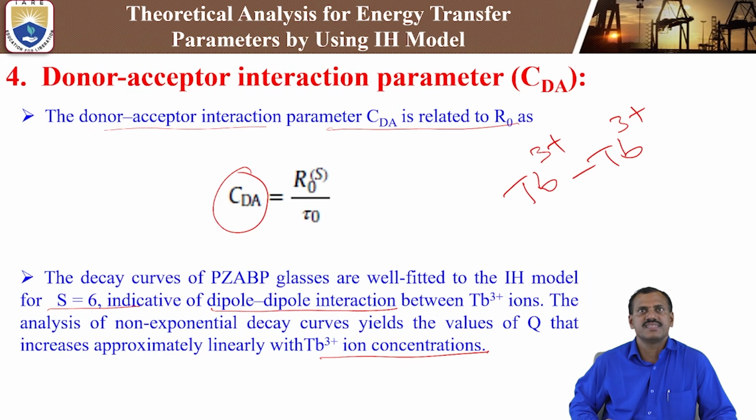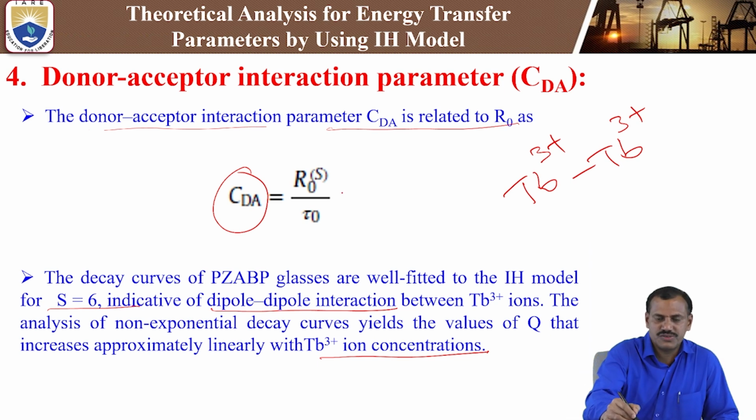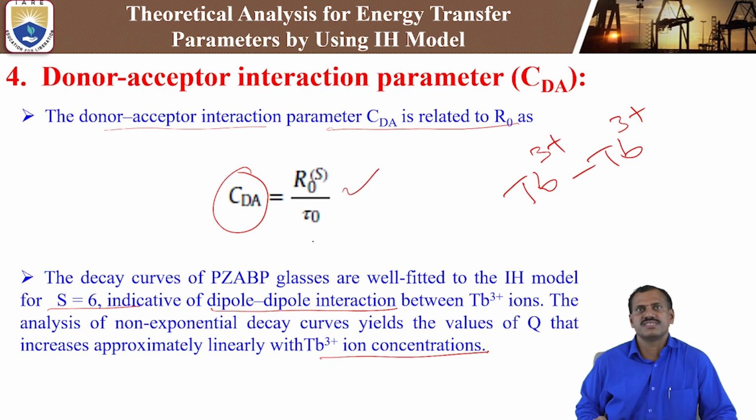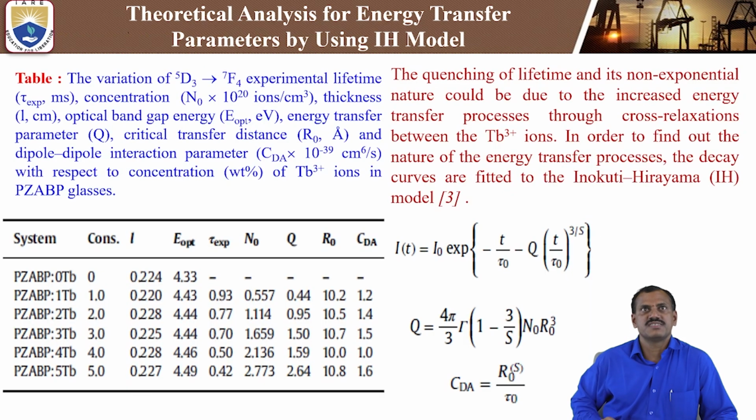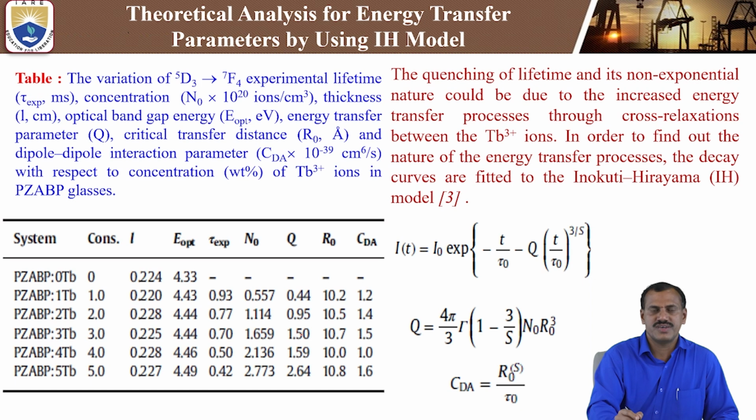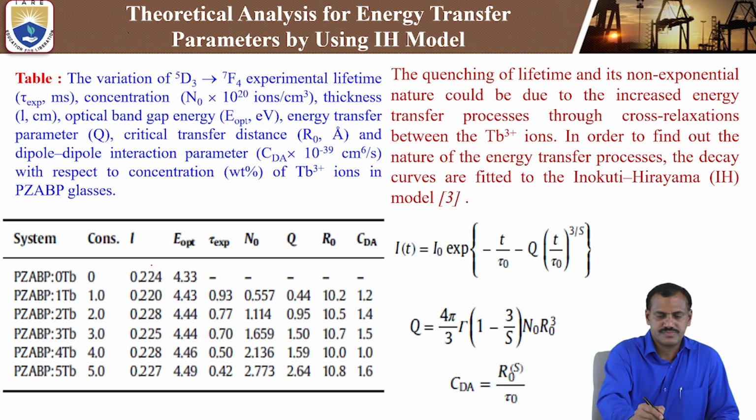For the dipole-dipole interaction, you take the energy transfer parameter, that is non-radiative relaxation. You calculate CDA next. This is the donor acceptor interaction parameter. By using these values, we calculate the donor acceptor interaction parameters for the different terbium 3 plus concentrations, using the tau experimental and the n naught values for each terbium concentration, and Q is the energy transfer parameter.